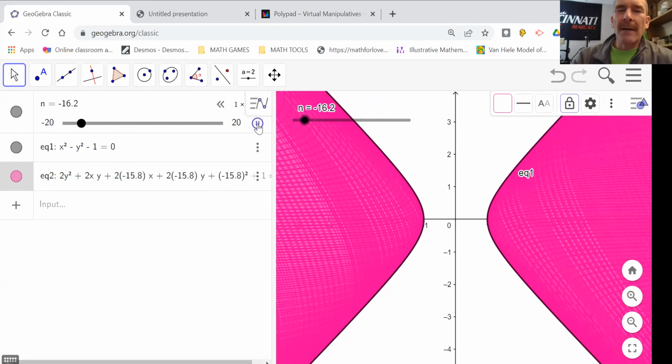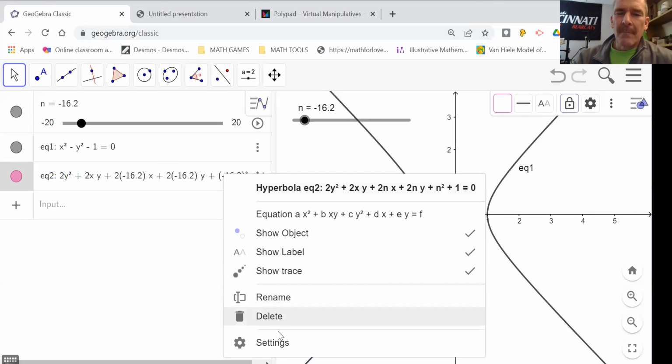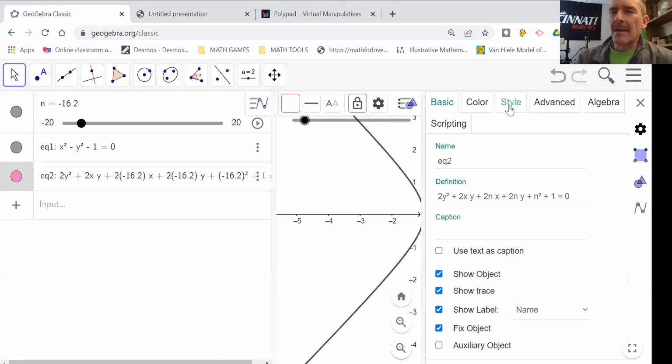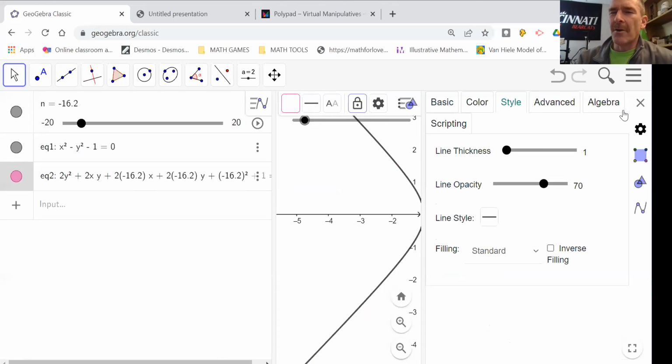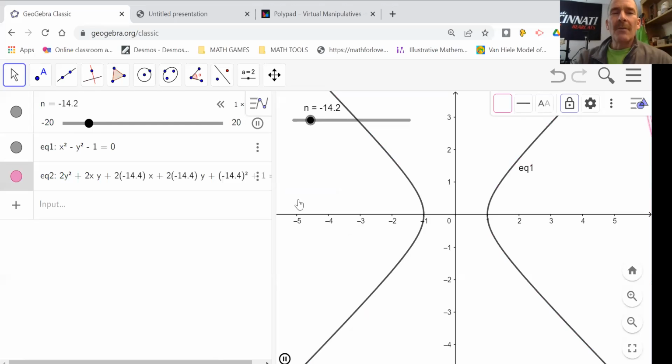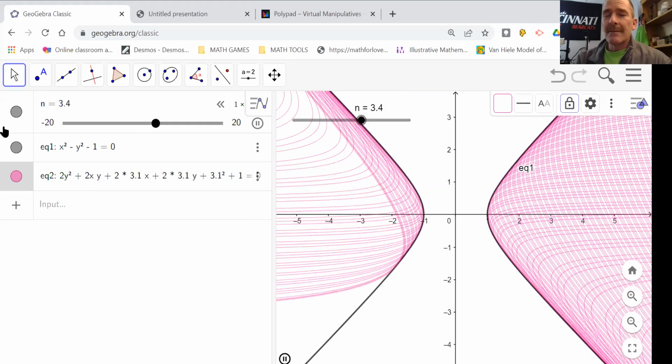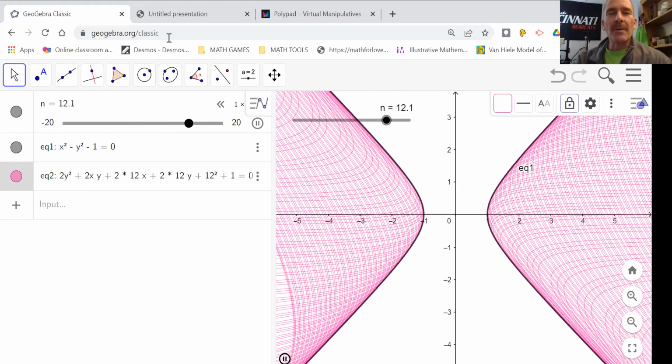Let me pause this. Let me go to the settings and see if I can make that line a little bit thinner, and see if we can see it a little bit more. So this is, oh, there it goes. Hyperbolas tangent to hyperbolas.